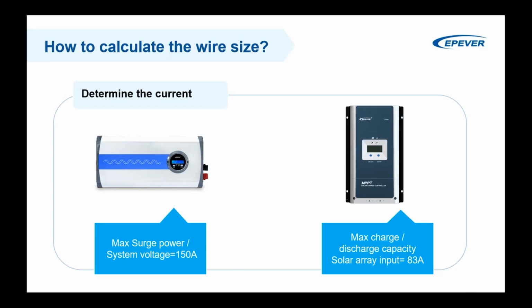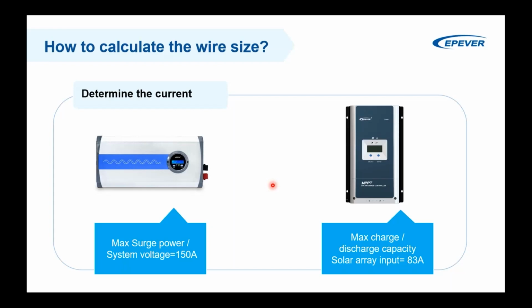We can just easily obey that, and we know that this is aligned to the maximum charging and discharging capacity for the charge controller, for example, or the maximum current that any inverter can draw from the battery. But if you do not have access to that, or if you want to make a more precise calculation, you always need to find out the maximum current.